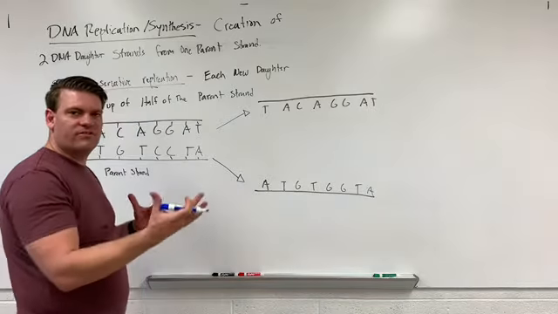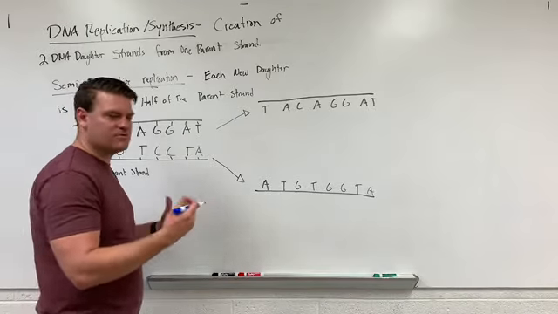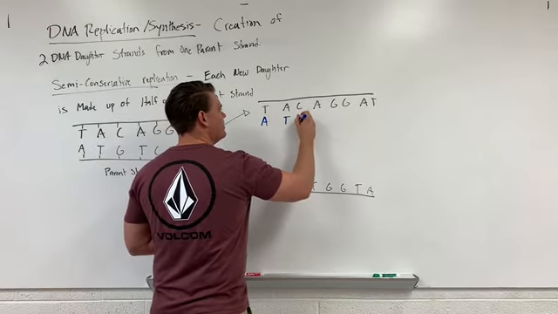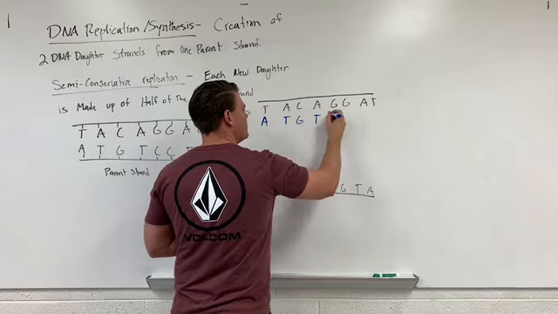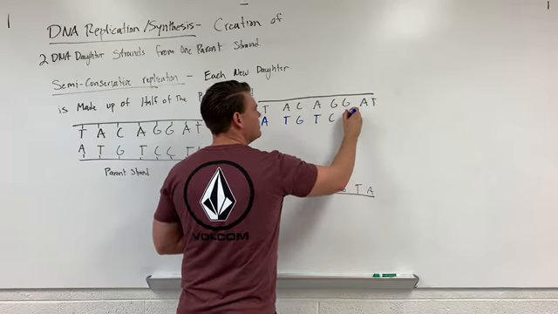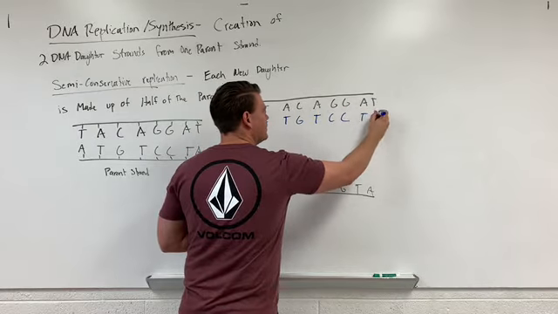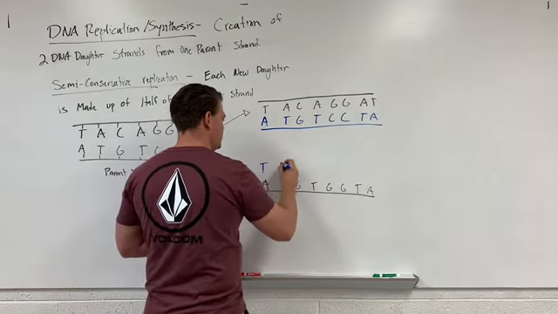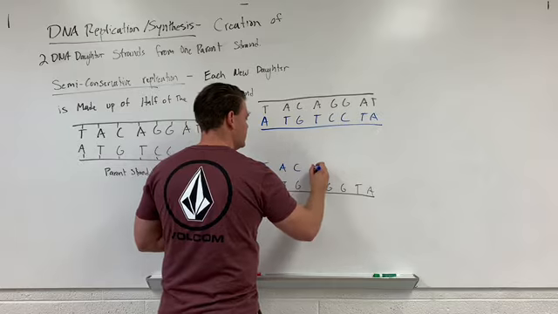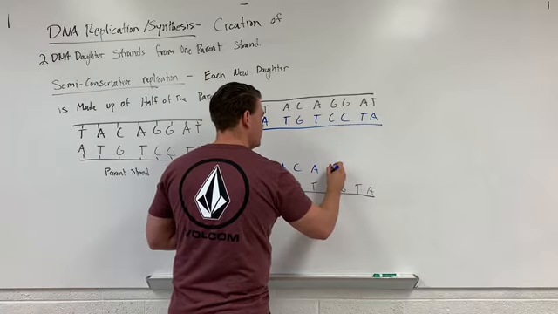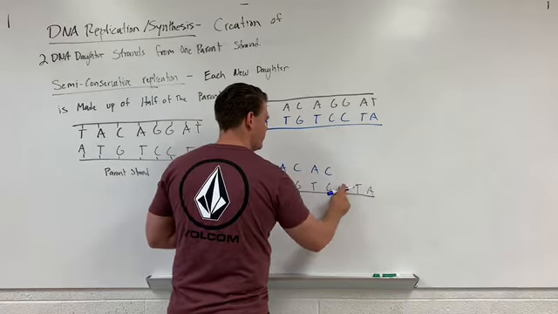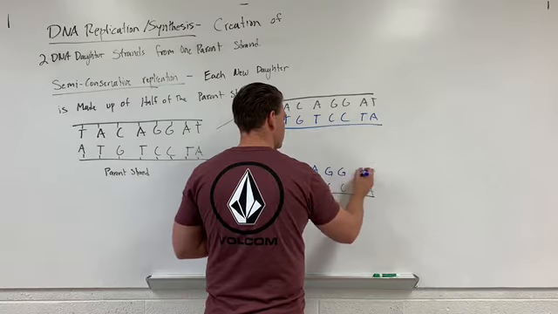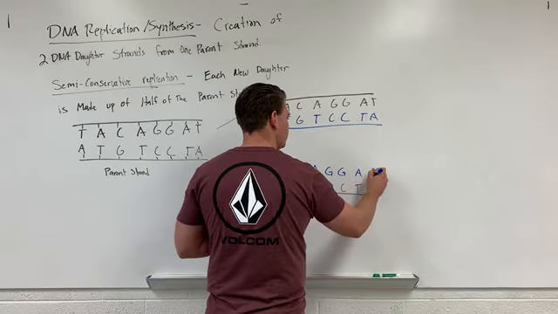I know your parents, or your other family, might think you're crazy, but say this with me. So T, then we're gonna have an A, T, G, T, C, C, T, A. And then here we're gonna have T, A, C, A, G, G, A, T.